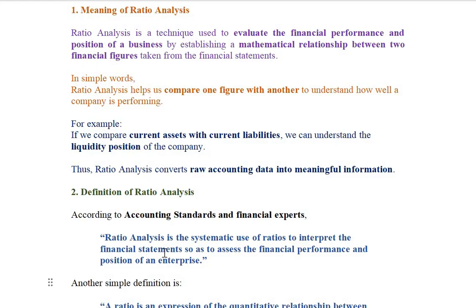We record that information in the books of accounts in the form of financial statements, following the basic rules of accounting. We are just listing out the data in a financial statement, but the data should be made meaningful by using analysis. One such analysis is ratio analysis.